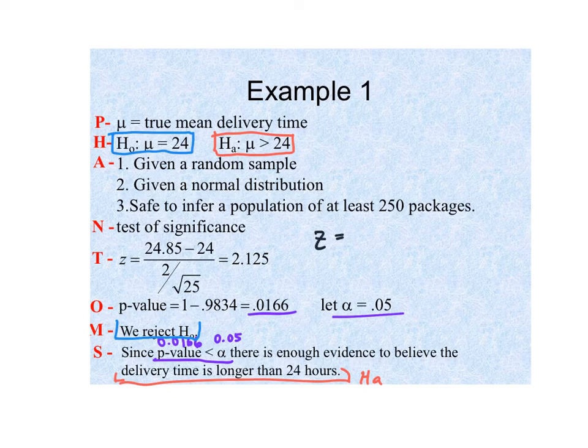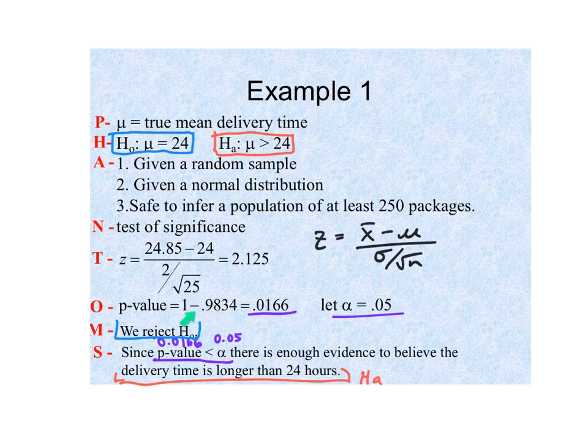Again, what's the formula for the z-value? Just to write it out. You guys can write it out also. This is my formula. Plugging everything in, I get 2.125 as my z-value. I look for that value in the table, and it gives me 0.9834.